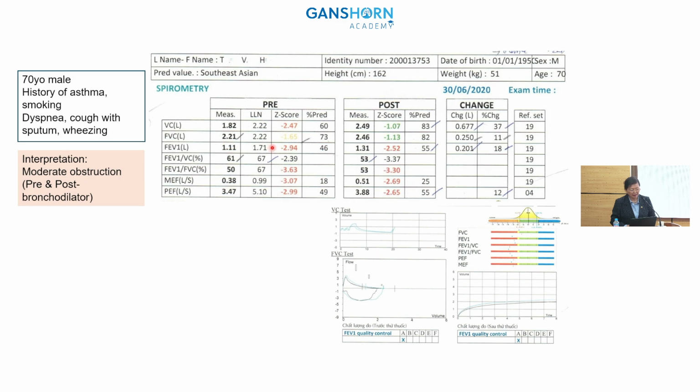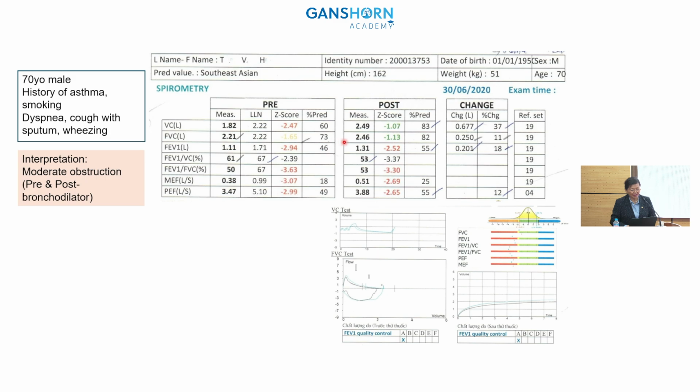It is an obstruction of moderate severity, moderate obstruction. And for the post-bronchodilator test, we see that the ratio is still less than the lower limit of normal, just 53 in comparison with 67. And so they still have obstruction.